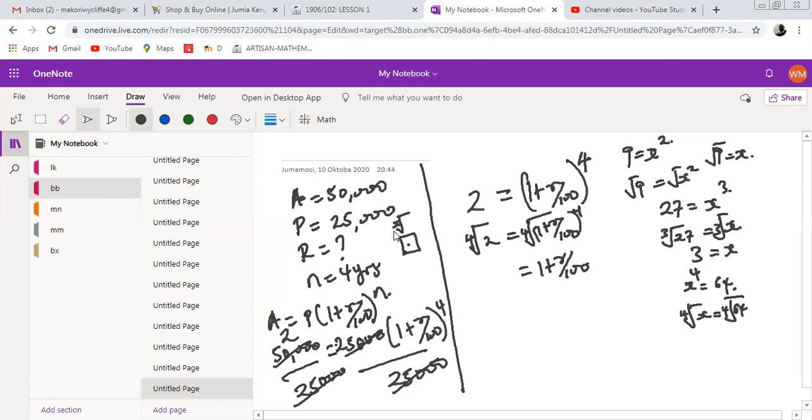That simply means the fourth root of 2 is equal to what?